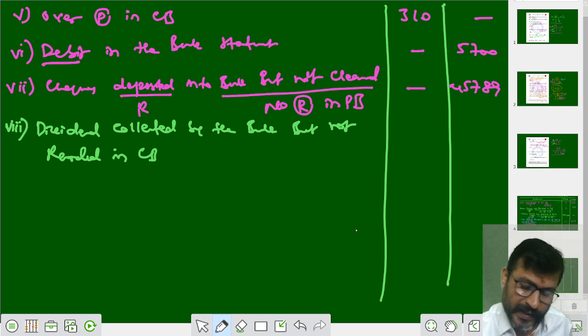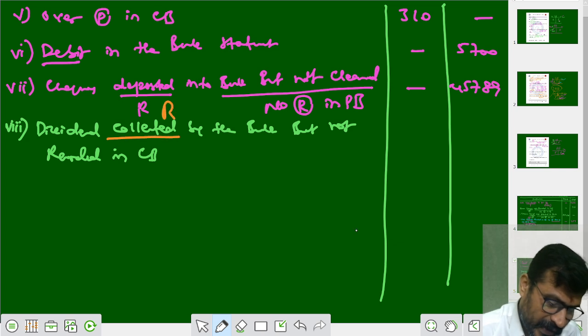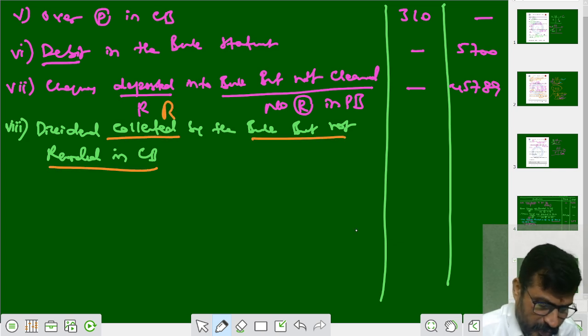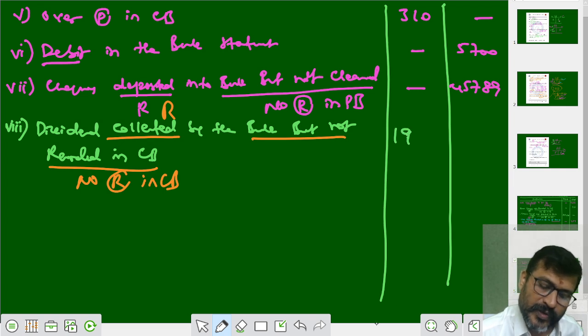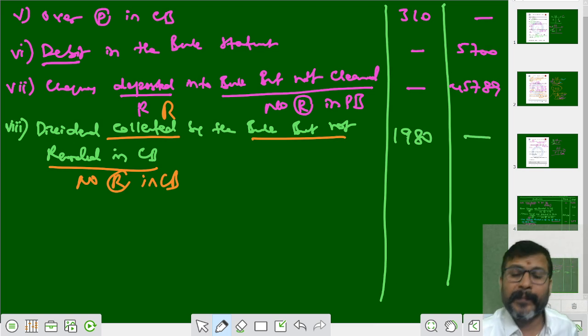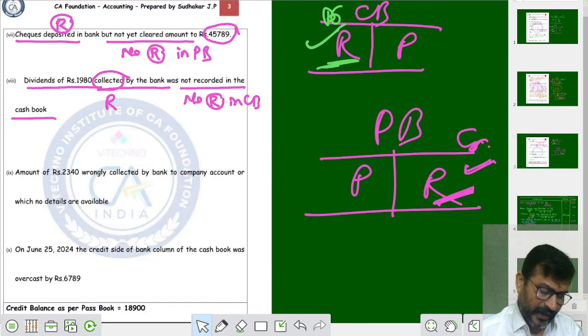So my dear kids, collected means receipt, not recorded in cash book means no receipt in cash book, no debit in cash book. So where do we have to take it? We have to take it on the debit side only, with an amount of rupees 1980. Right? See the next one.